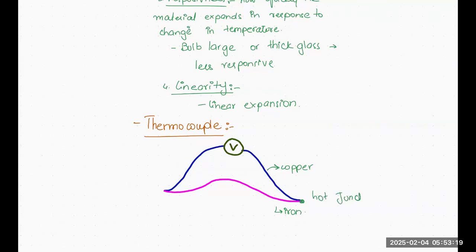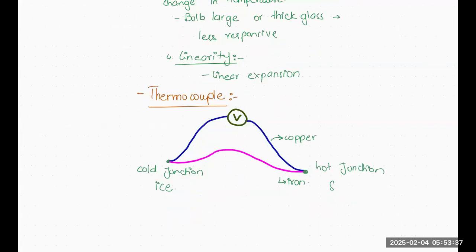So for example, I have placed the cold junction in ice, and the hot junction I will place in my sample, whatever sample I'm trying to measure the temperature of. So there is going to be a difference in the temperature between ice and the sample to be measured, obviously, right?